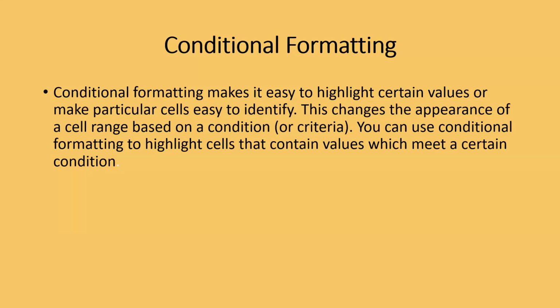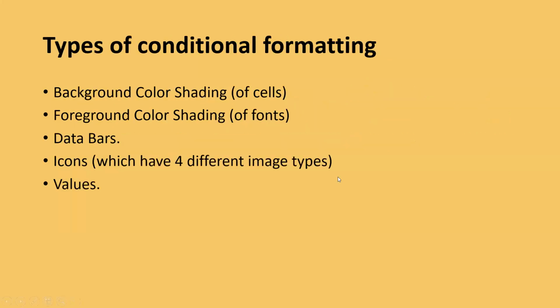And we'll have different types of conditional formatting. First, background color shading: we can change the background of the cell itself. Second, we can change the color of the text in that cell.